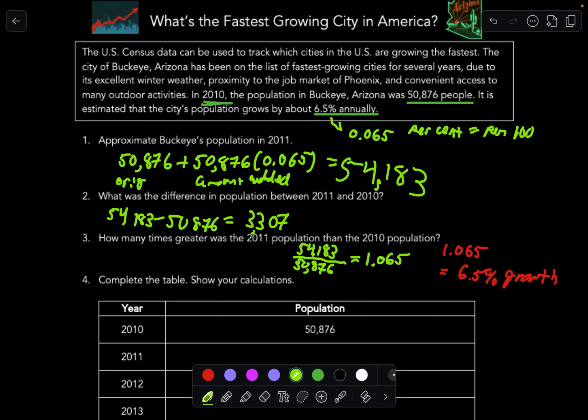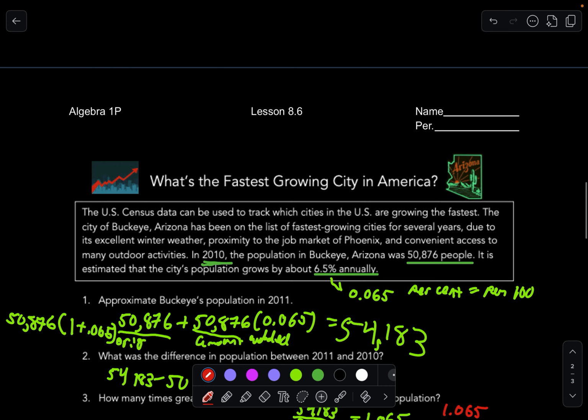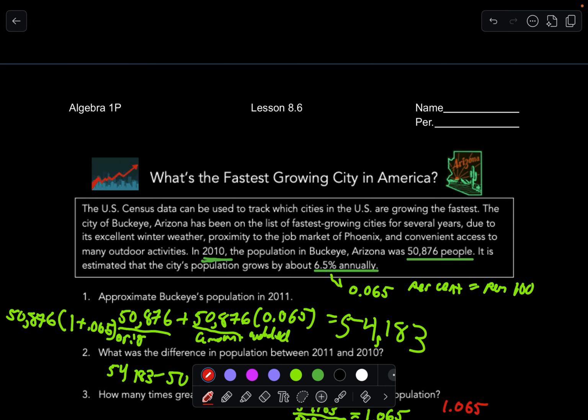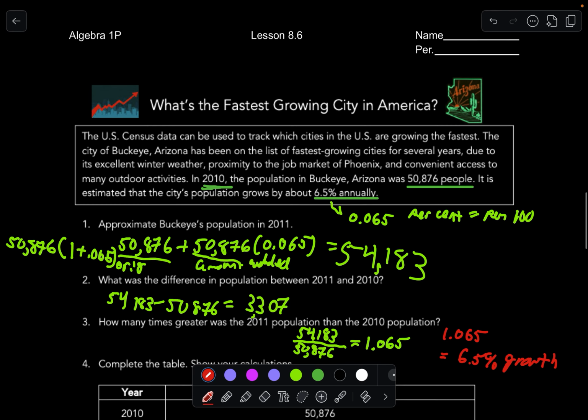Right here, it was 50,876. And then if we factor that out, we got here and here. So then we are left with 1 plus 0.065. All right, this is the growth factor.